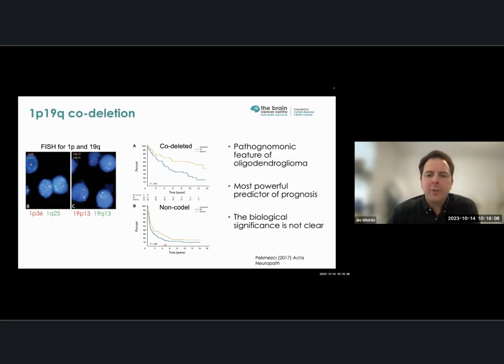Now, if we go back to some fairly old studies, we know that co-deleted tumours have a much better prognosis and a much better treatment response. And it is probably the most powerful predictor of prognosis in patients with IDH mutated tumours. It remains interesting that although this is the pathognomonic feature of oligodendroglioma, the biological significance of this still remains unclear and an ongoing area of work.